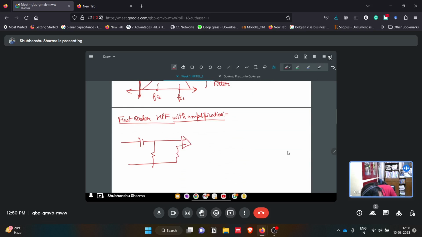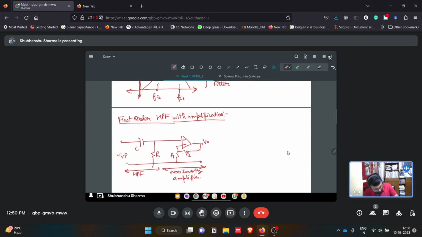Then we have one resistor here. This is R2, this is R1, this is the output voltage, this is the input voltage. This is the high pass filter, and this is a non-inverting amplifier.